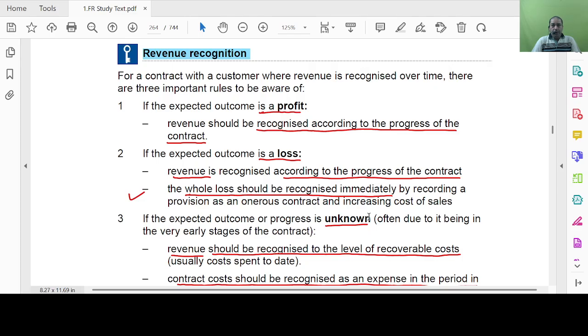So on the basis of the output generated, I will say that 4 out of 10 kilometers have been constructed in the current year. That means 40% of the work is completed.